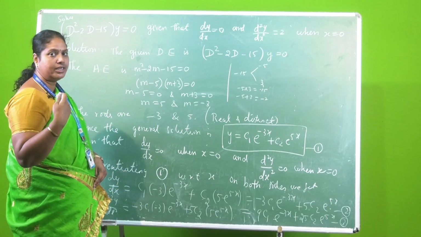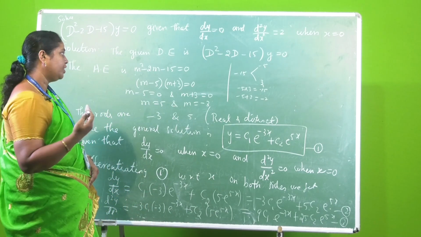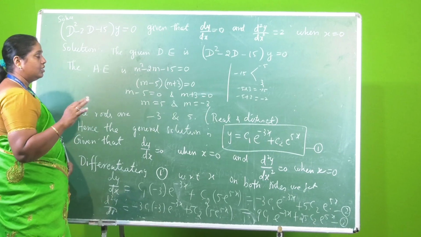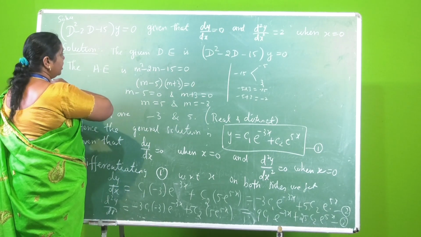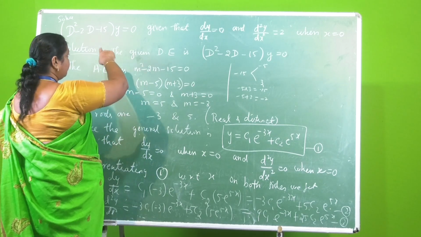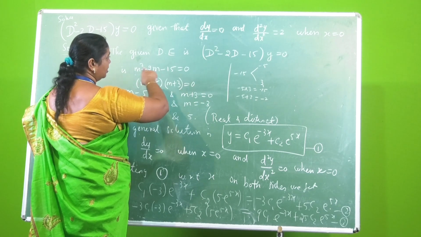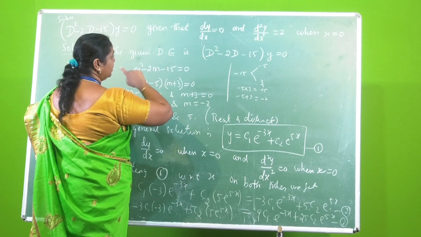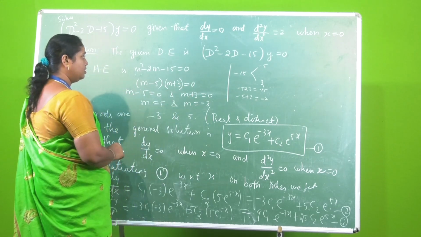For that I recalled those methods, and we solved 3 basic problems involving the 3 characteristics of the roots. So here, first we take the given differential equation. It is of second order, homogeneous type and constant coefficients. I write that equation: (D² − 2D − 15)y equal to 0.